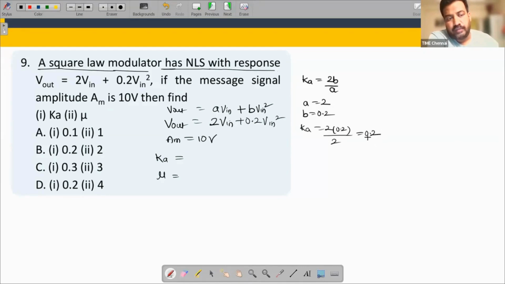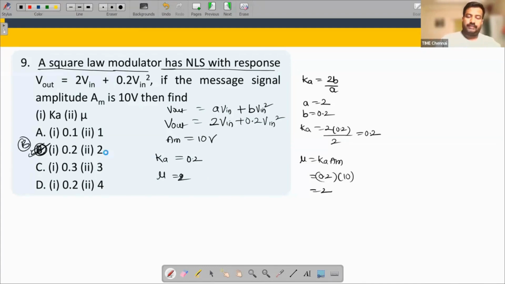So Ka is 0.2. Mu is Ka into Am, 0.2 into 10. Mu is 2. 0.2 and 2. Option B is the answer.